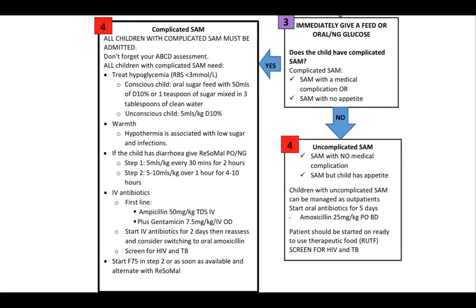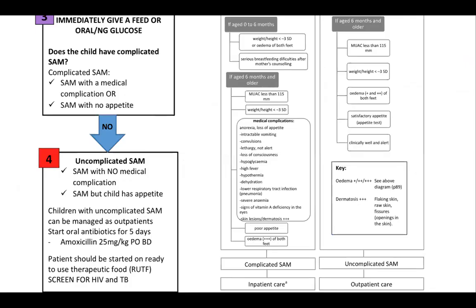The next question is, does the patient need treatment? The first thing is to consider whether this patient has complicated SAM or uncomplicated SAM. What do we mean by complicated SAM?